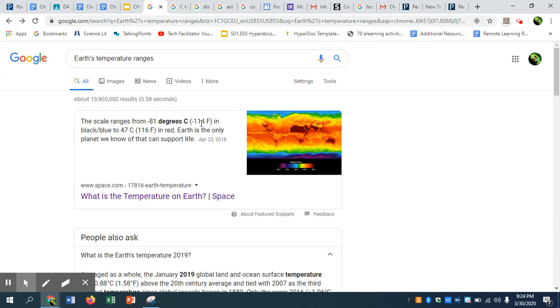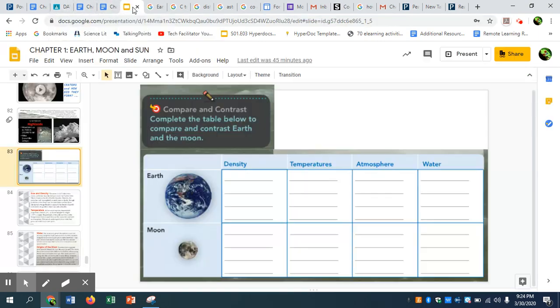We're talking about winter in Antarctica freezing. And then on Earth, it can go as high as 47 degrees Celsius or 116 degrees Fahrenheit. I've heard higher, I've heard 130, but that's pretty darn high too. So we can write those temperatures down in our data table for Earth.